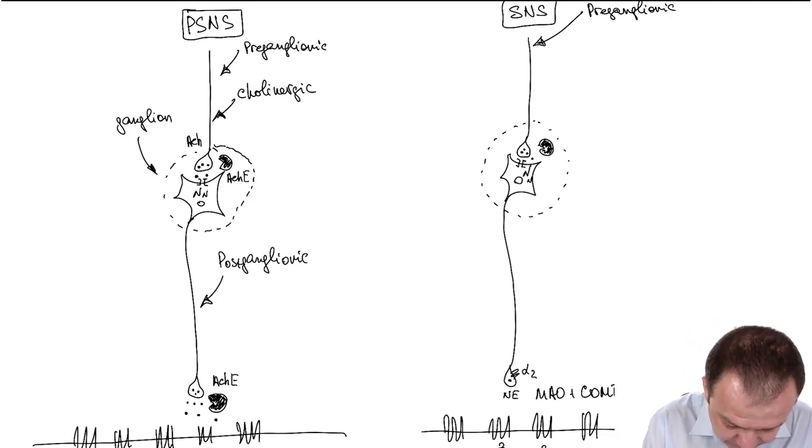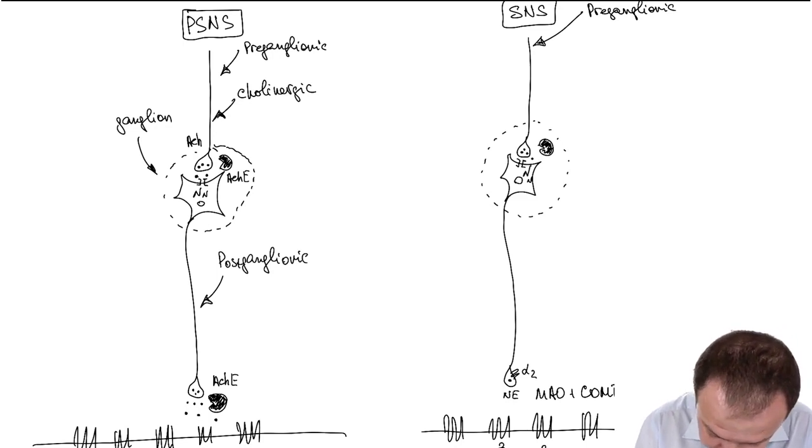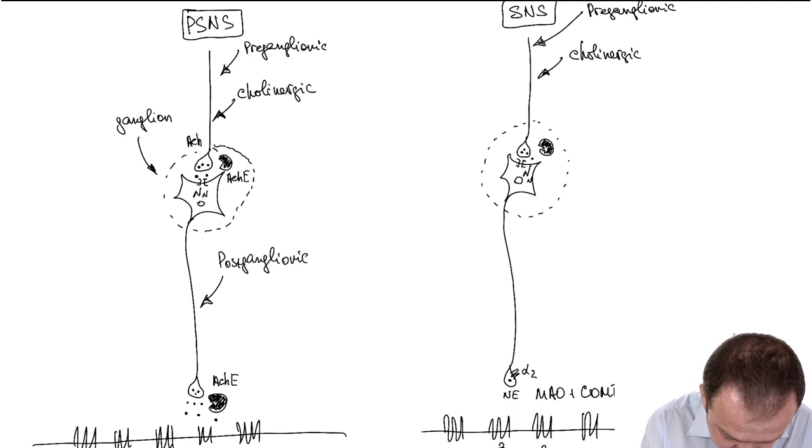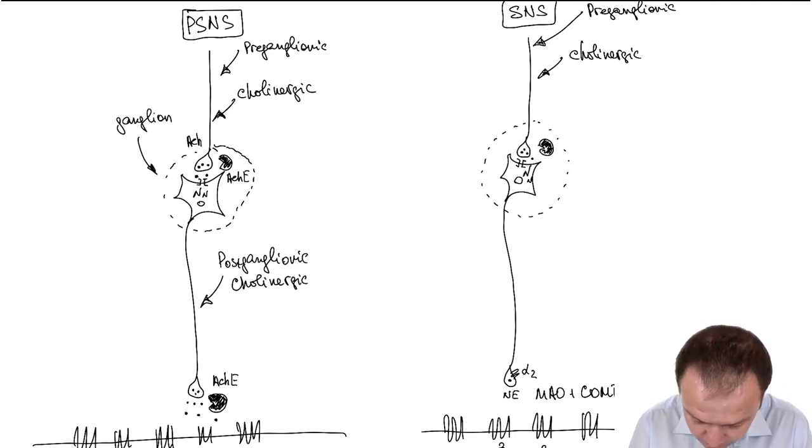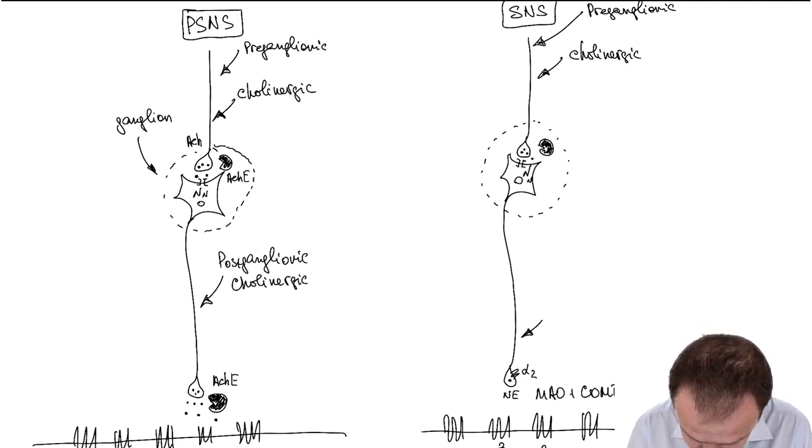Preganglionic fibers of the sympathetic nervous system are cholinergic. And postganglionic fibers of the parasympathetic nervous system are also cholinergic, because they release acetylcholine. Postganglionic fibers of the sympathetic nervous system are adrenergic.